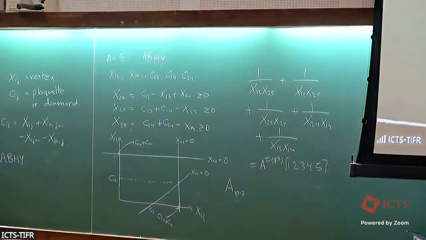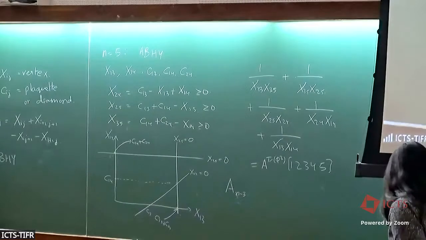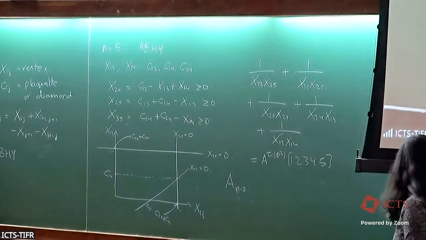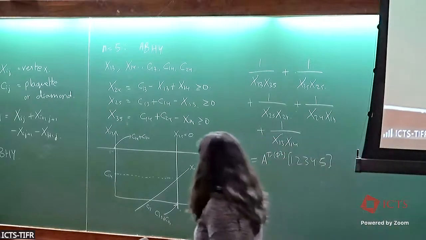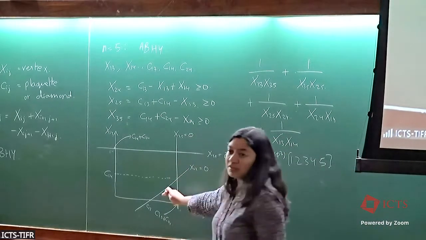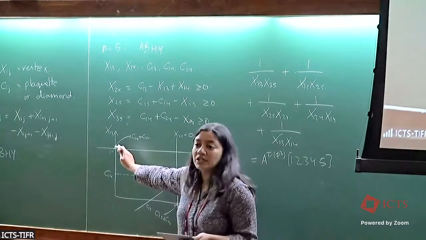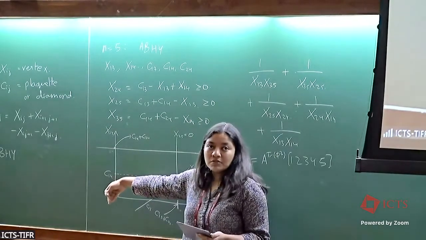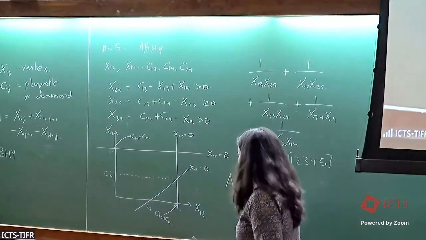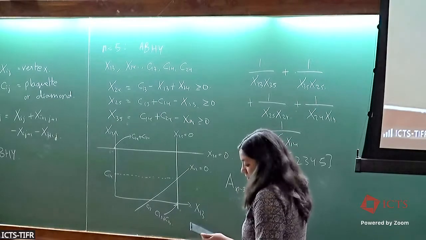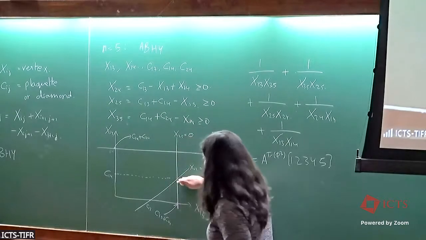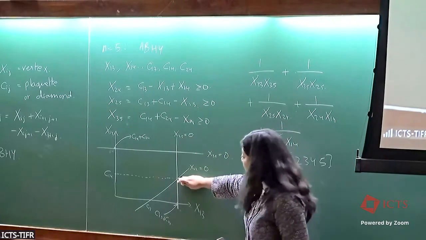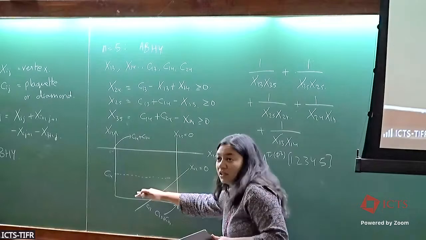Okay, good. But there's something you should notice about this, which is that there are limits of my parameters where this space is going to shrink to 1 or 0 dimensions, right? So if I take C14 to 0, then this line is going to flatten down like this.